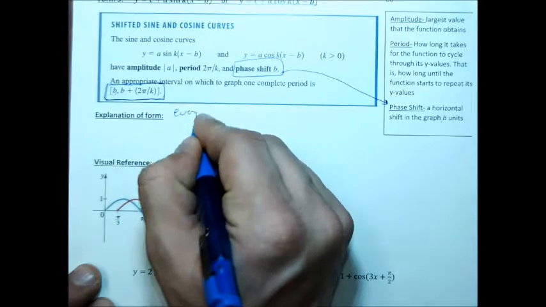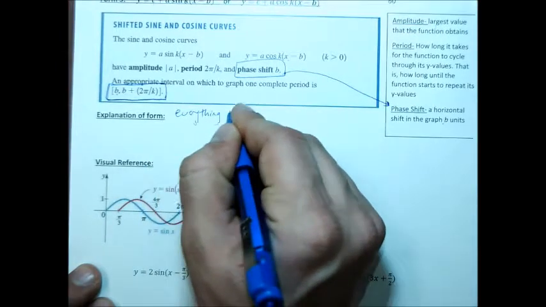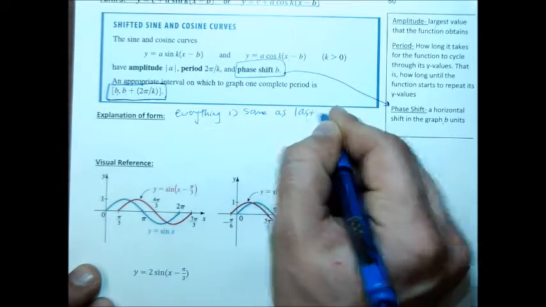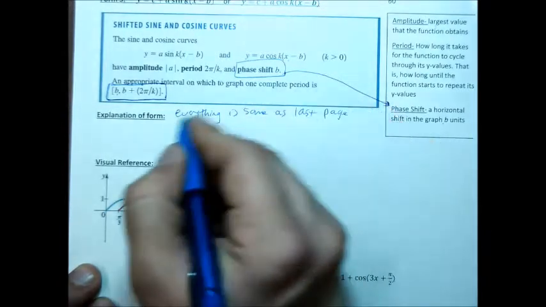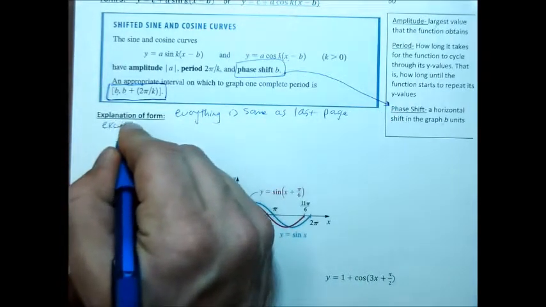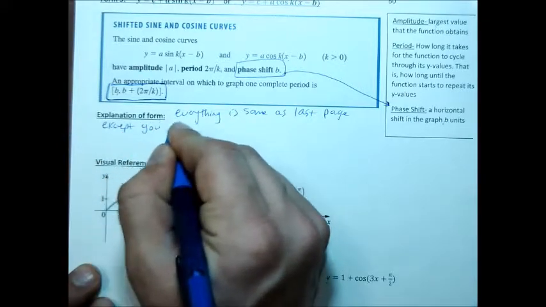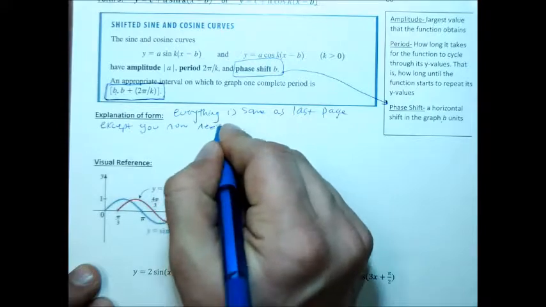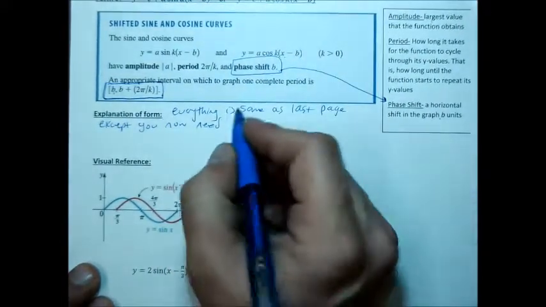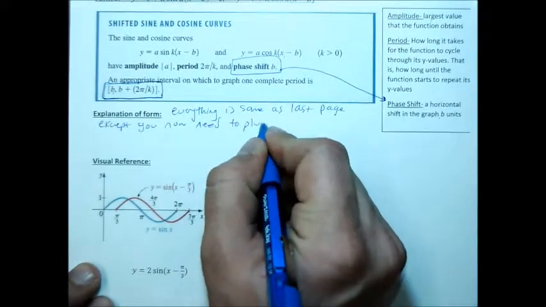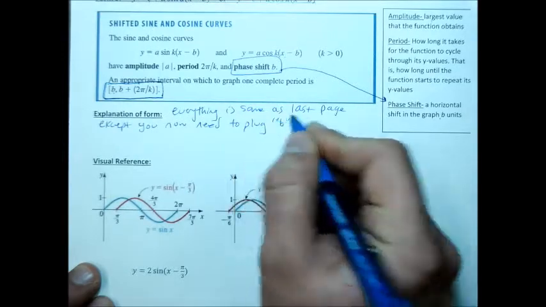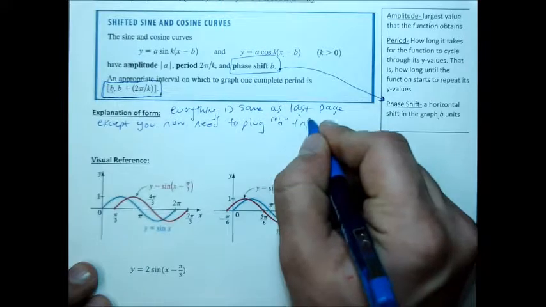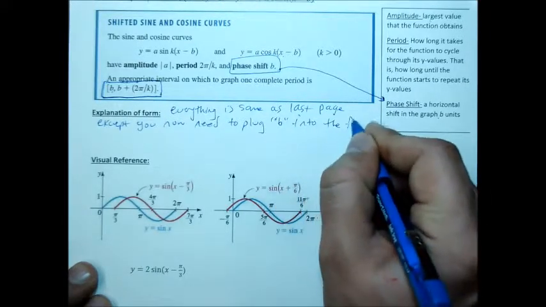So everything is the same as the last page, except now we need to plug b into the period formula. So now you need to plug the value of b, which is going to be the horizontal shift, into the formula for the period.